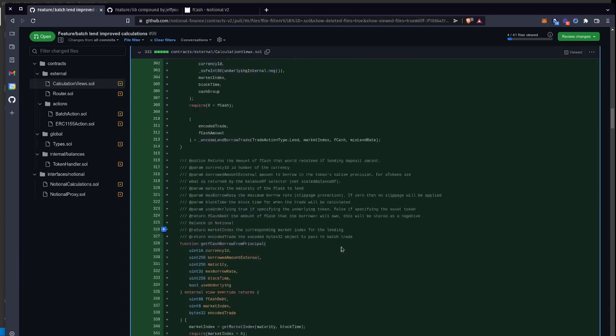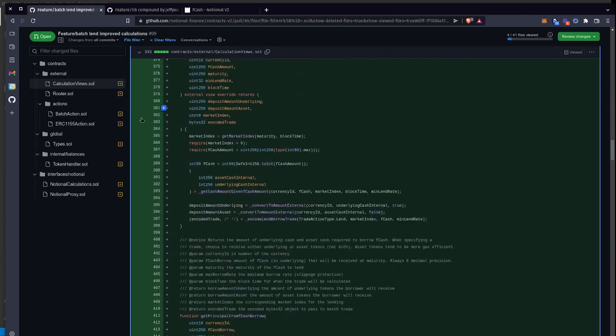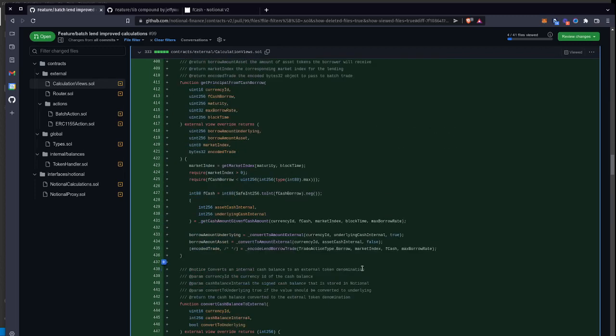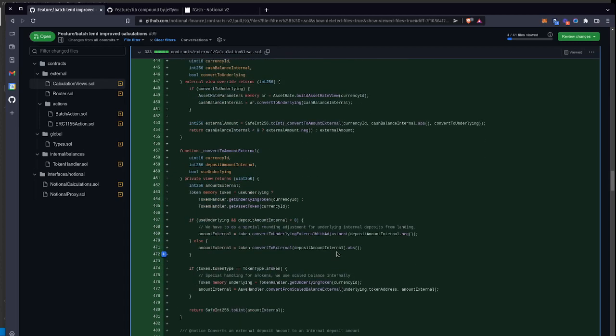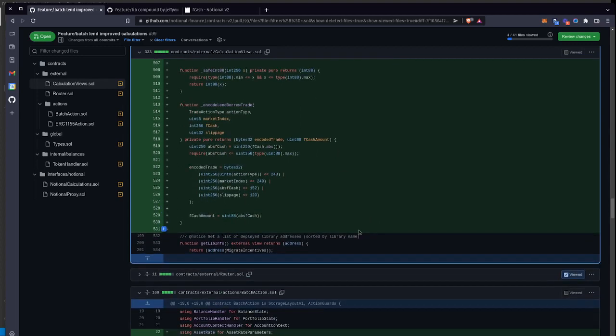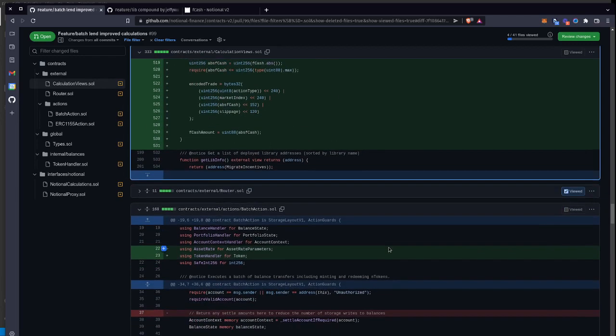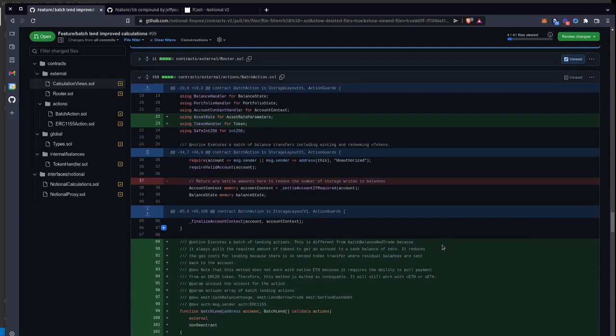So it handles a lot of that for the developer here. These are all view methods, so they help developers do calculations against the Notional AMM. We'll also encode these trades for the user, so they don't have to re-implement a lot of the Notional byte encoding and things like that. So again, this is an improvement to developer experience.